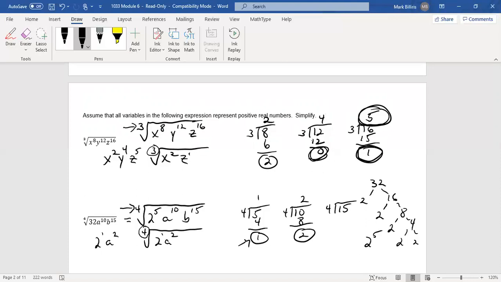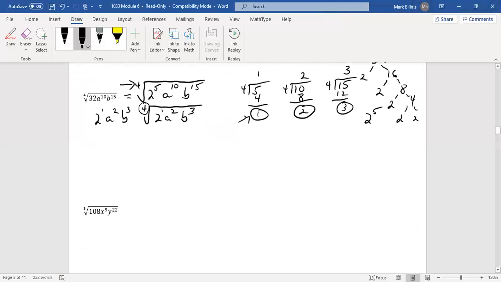So 4 goes into 15 3 times with a remainder of 3. So it would be b to the 3rd with b to the 3rd underneath. So my final answer is 2a squared, b cubed, or b to the 3rd power, times the fourth root of 2a squared, b to the 3rd.